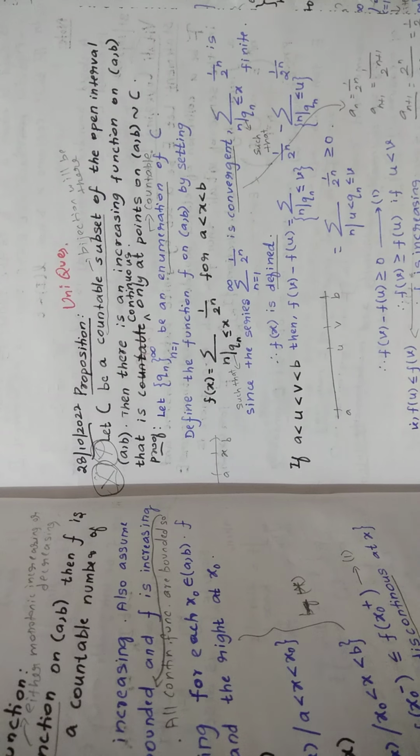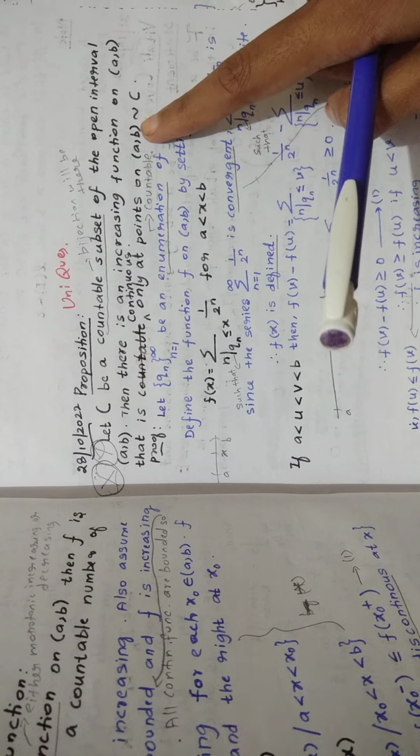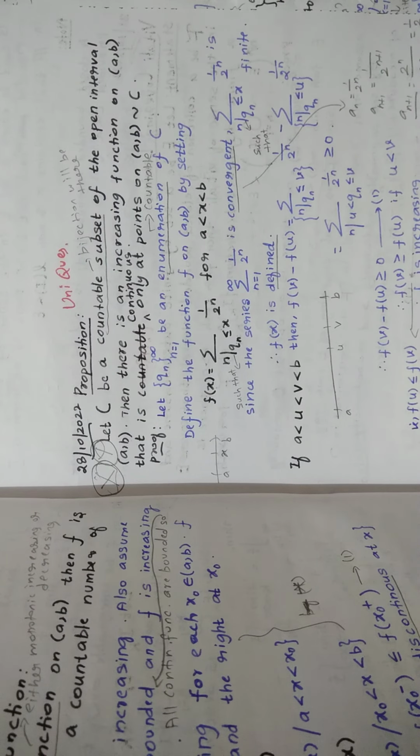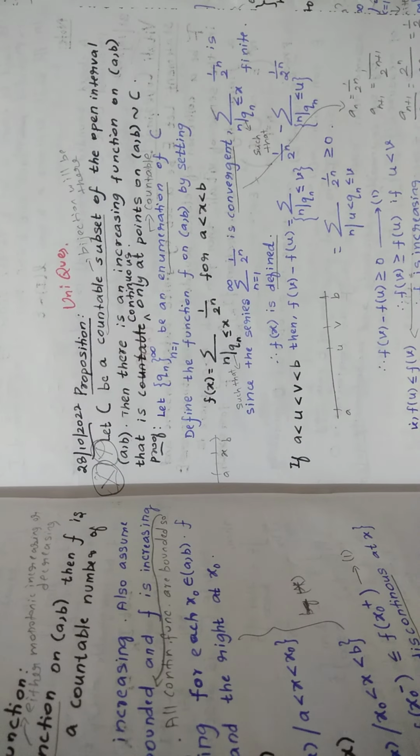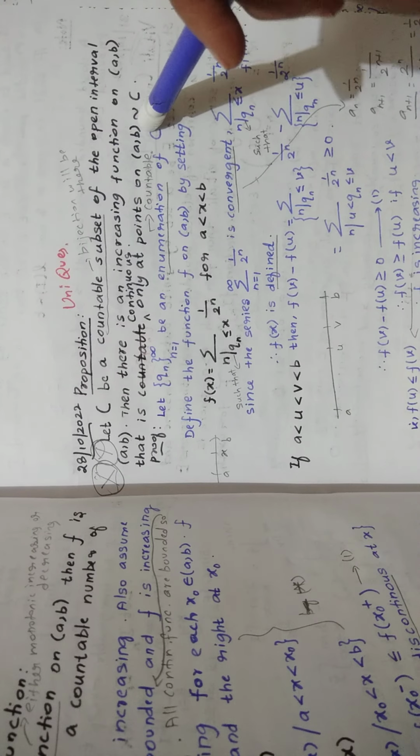Then you will take a point x0. The increasing function you are going to take from this interval is f, and also you will take a point x0 from this set.